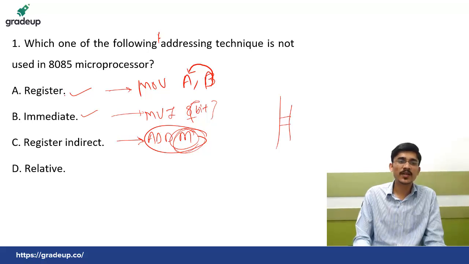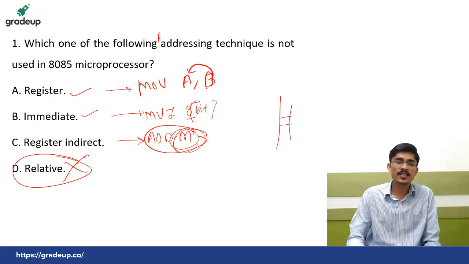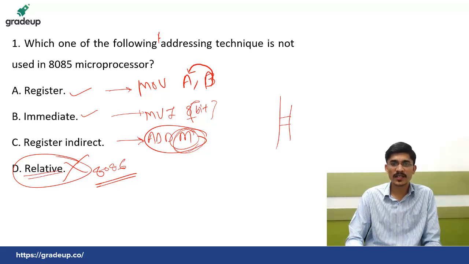In the 8085 microprocessor, register addressing mode is there, immediate addressing mode is there, register indirect addressing mode is there, but relative addressing mode is not used in 8085. It is instead used in the 8086 microprocessor. So for this question, option D is correct.